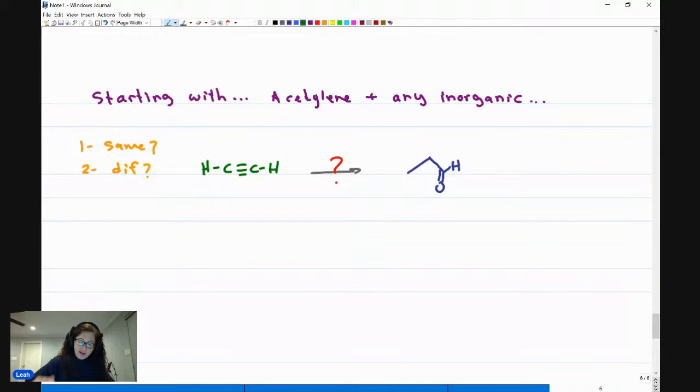So in this case, now that we have a starting molecule, what is the same and what is different? I'm going to look for 2 carbons on my product and then see what else to add. I can choose these 2 carbons, or I can choose these 2 carbons, and I want to be strategic in how I choose.